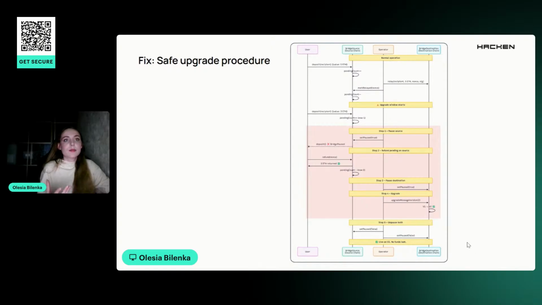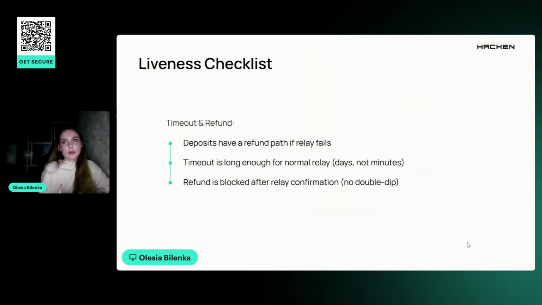We can do some checklists here as well. From the timeout and refund perspective, each deposit must have a recovery path if relay fails. And the timeout for it should be long enough, and refund should be blocked after the relay confirmation to avoid double funds receiving.